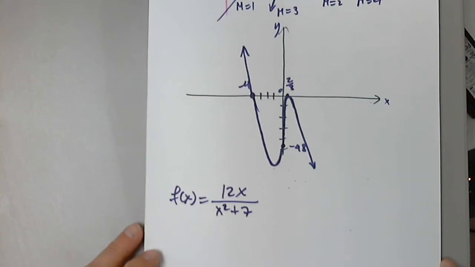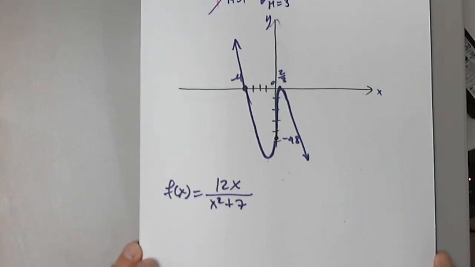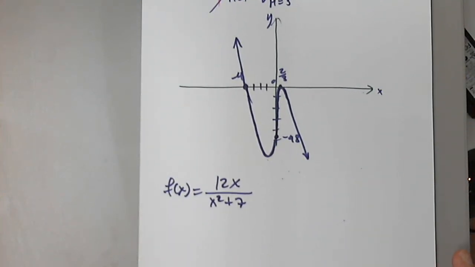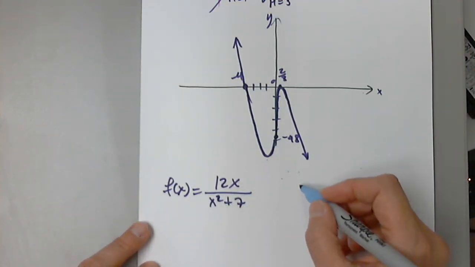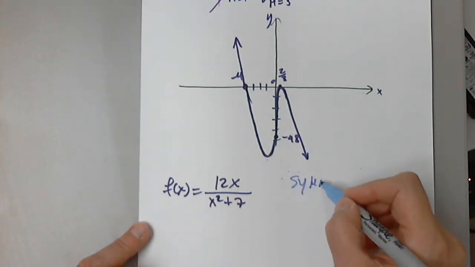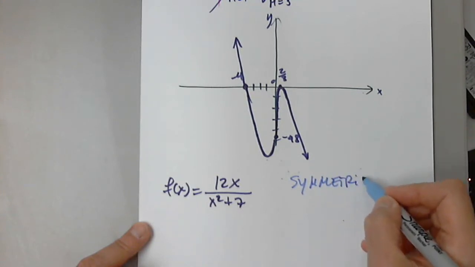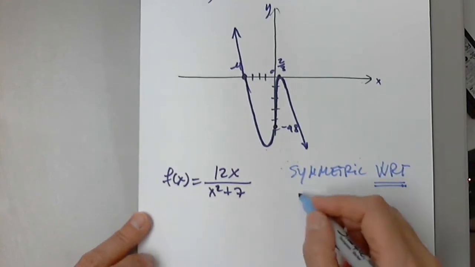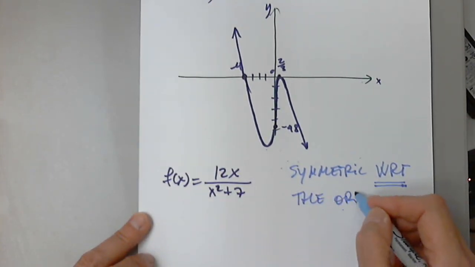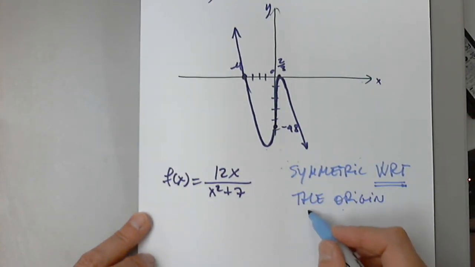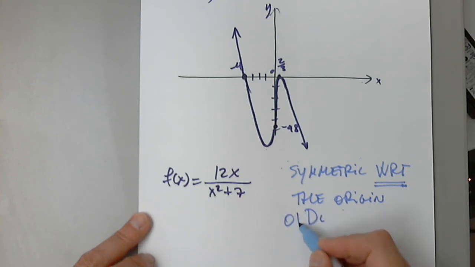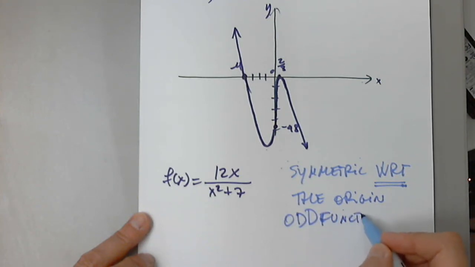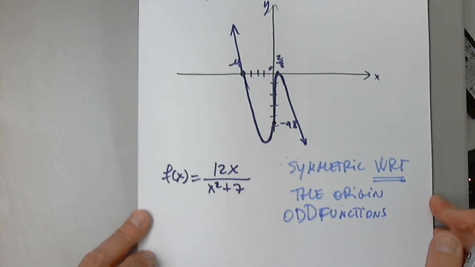So non-functions can be symmetric with respect to the x-axis, the origin, and also the y-axis. But functions can be symmetric only with respect to the origin, which makes them odd functions.